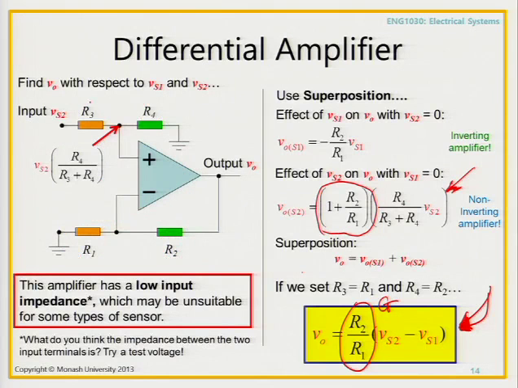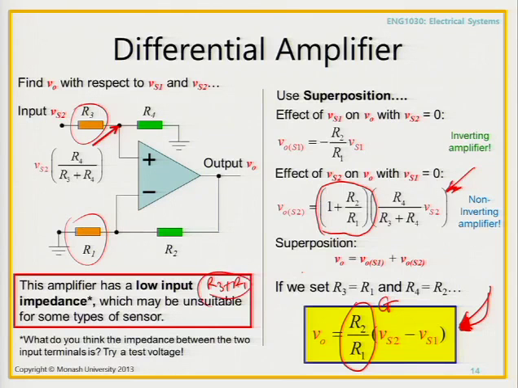Well, the equivalent load impedance of this differential amplifier is R3 plus R1. I won't tell you how you get that, but in this case, this input impedance is R3 plus R1. And that's the impedance that, if I connect something to it, it sees.